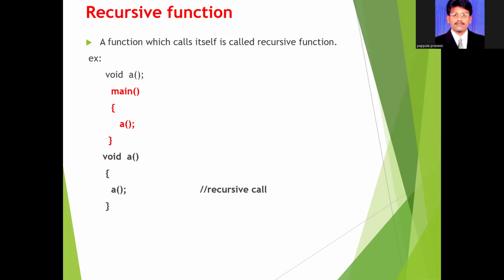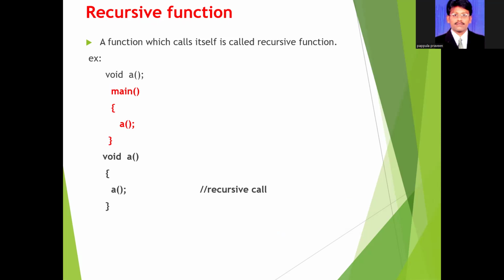Function A calls A again, function B calls B again, many times until the base condition is satisfied. That is the definition of recursion: the function which calls itself is called a recursion.